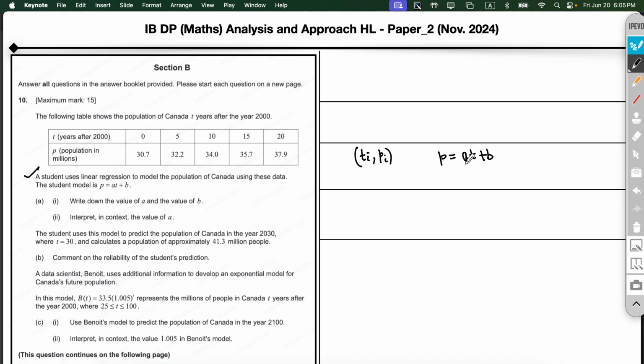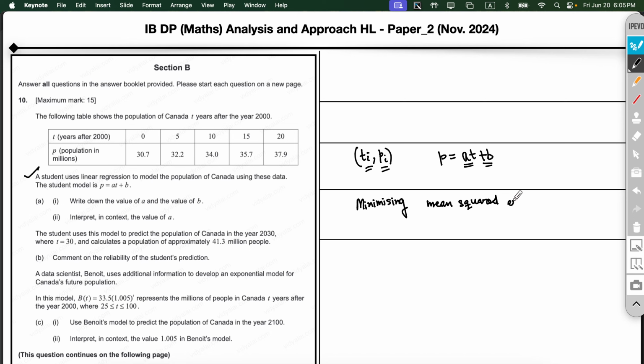And to find the best values of A and B, you fit these Ti and Pi values that are given by minimizing the mean squared error.